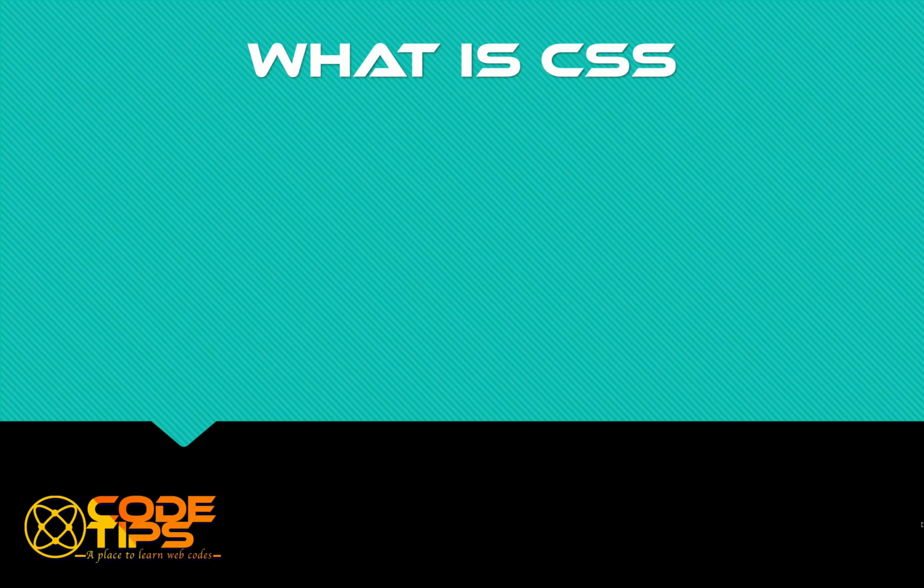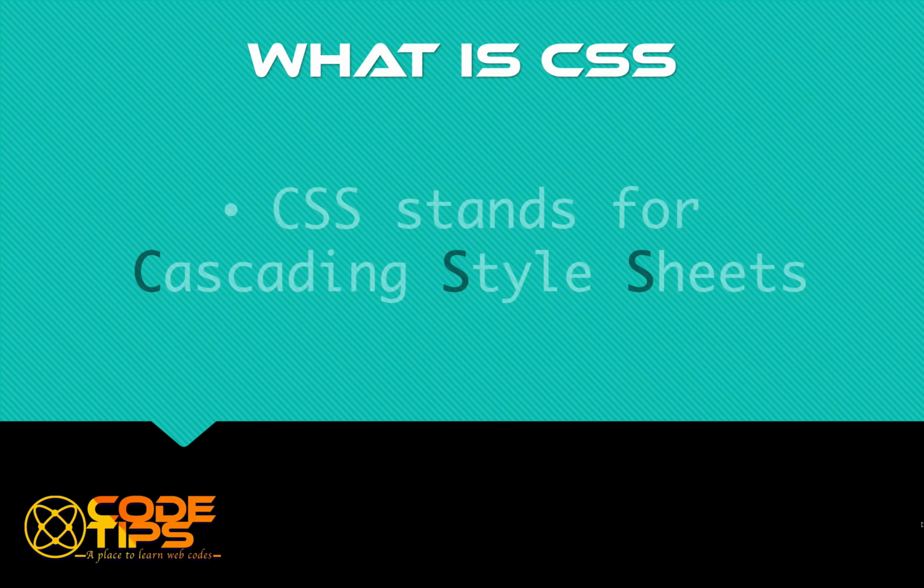So what is CSS? CSS stands for Cascading Style Sheet. Why is it called cascading? Because it is like a waterfall that falls from one step to the one below and continues flowing downwards. Same thing with CSS.